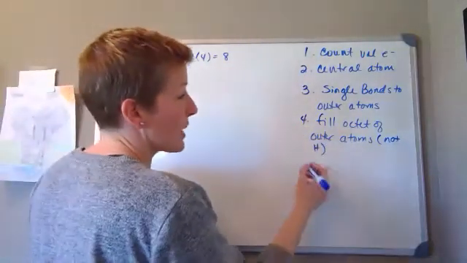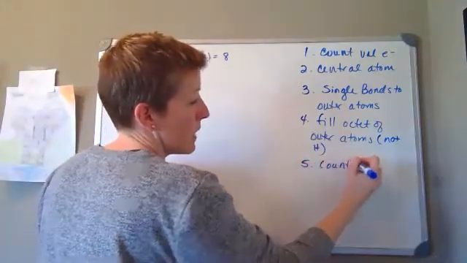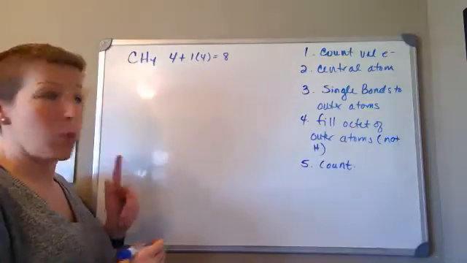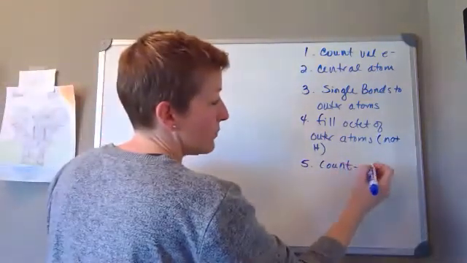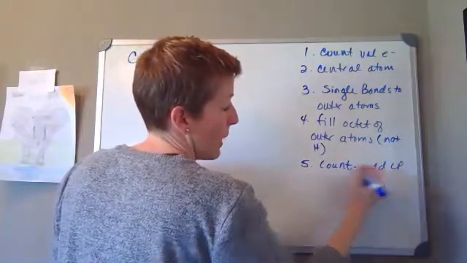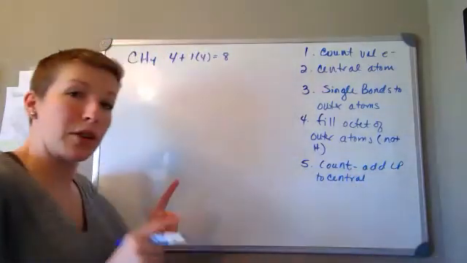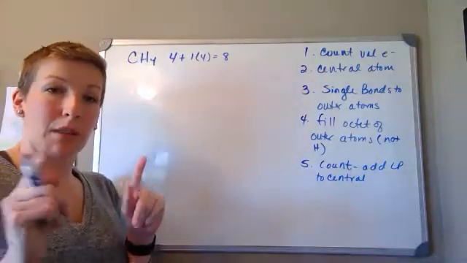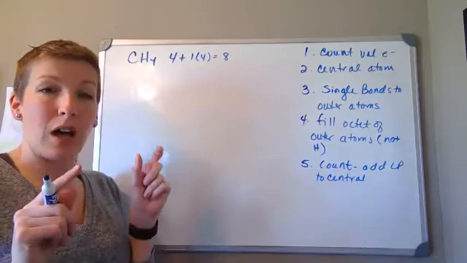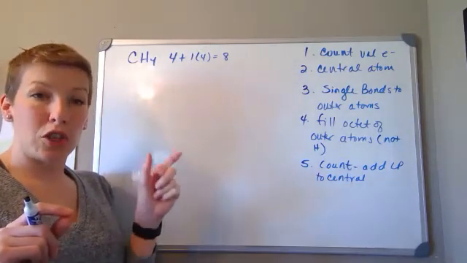After we fill the octet of the outer atoms, we count. If we do not have the amount that we have, then we add lone pair to the central atom. And all a lone pair is, when I drew that line that made the 2 electrons in the Lewis dot, like for nitrogen, that's called a lone pair or an unshared pair.